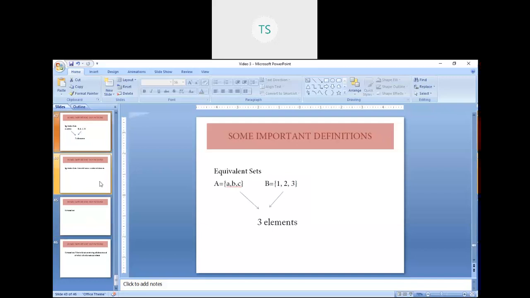You have just gone through the definition of equal sets and equivalent sets. Now, tell me the difference between equivalent sets and equal sets. In equal sets, the elements must be equal too. Yes, in equal sets, two conditions have to be satisfied.